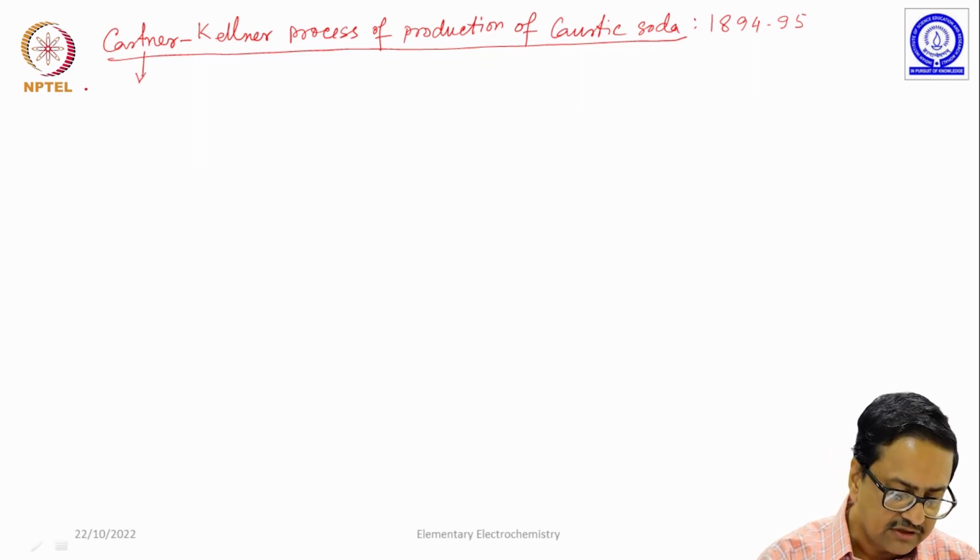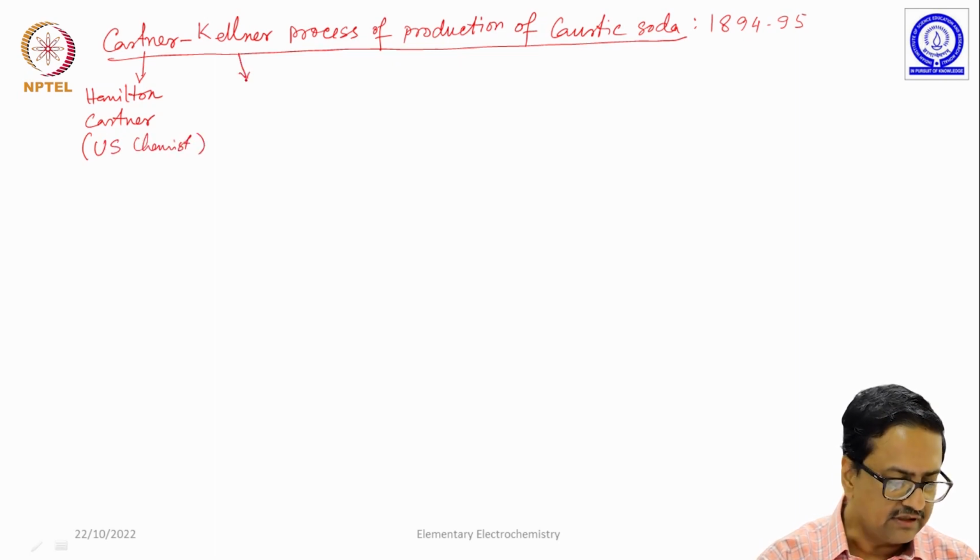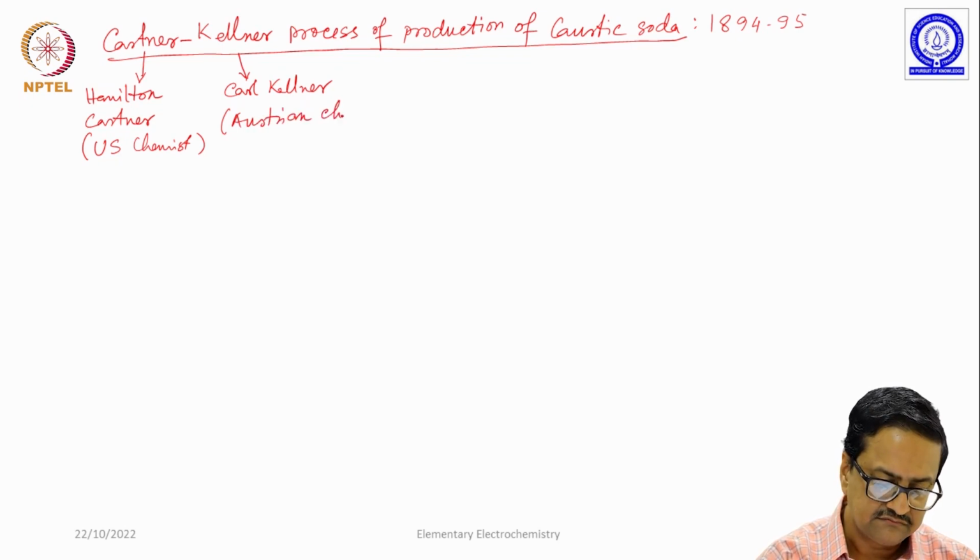Here two scientists are involved. Kastner is Hamilton Kastner, a US chemist, and Kellner is Carl Kellner, an Austrian chemist.